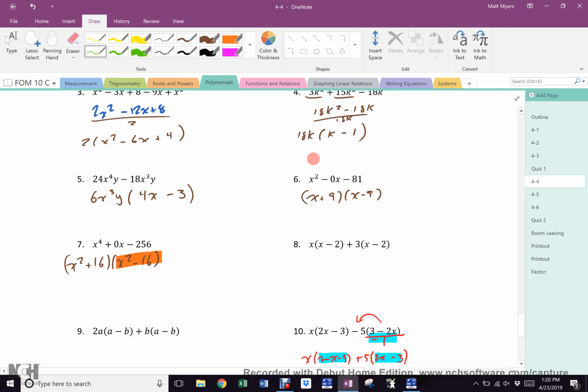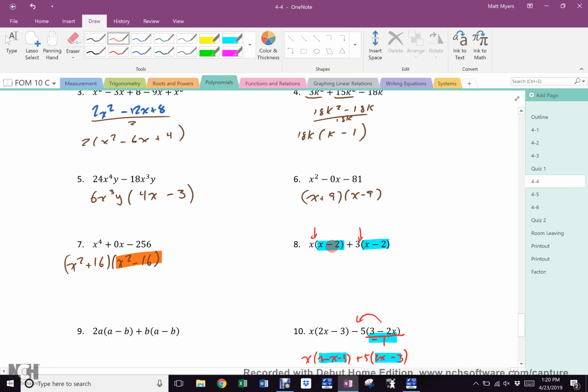This one always messes kids up. I talked about it last day because they don't know what to do with that. The math that is happening right there is multiply, yes? Which means x and x minus 2 are factors, aren't they? Because x times x minus 2, so those are two factors. 3 and x minus 2 are factors, aren't they?